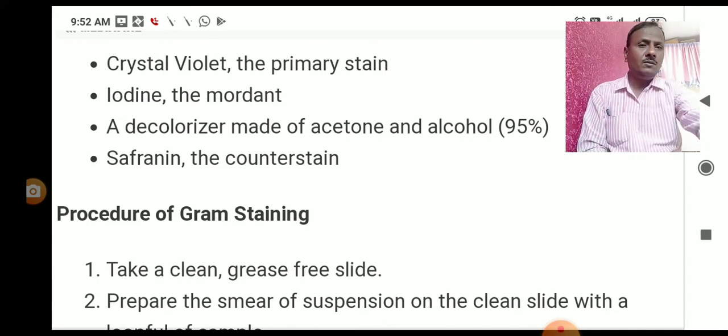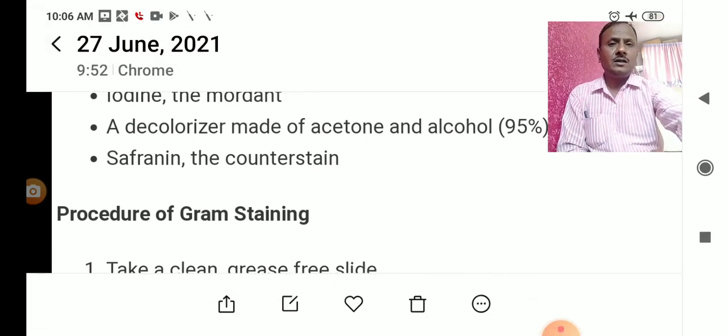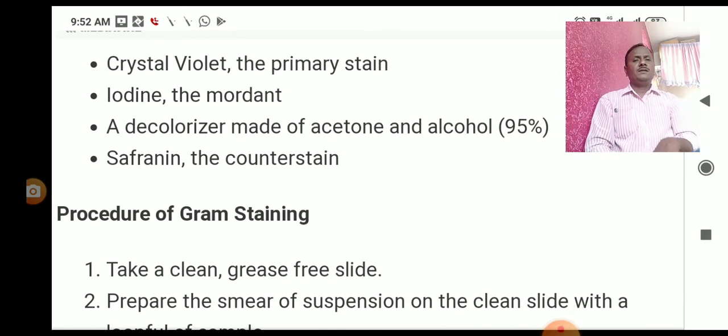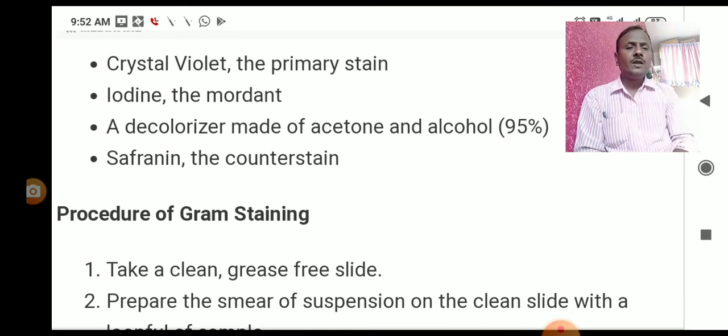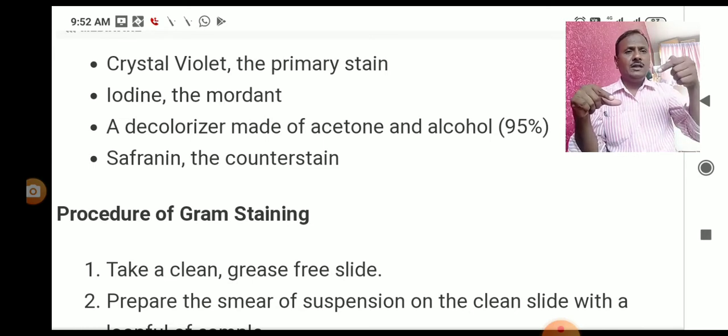Now the procedure, how we carry out the gram staining process. First of all, take one grease free, clean slide in one hand, and with the other hand take the nichrome wire loop.